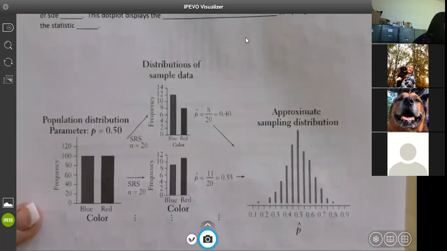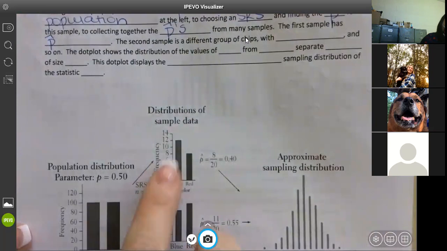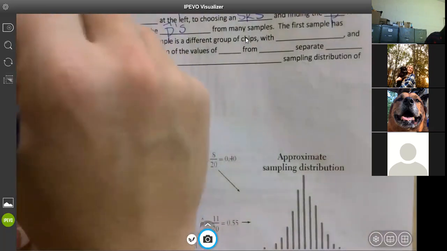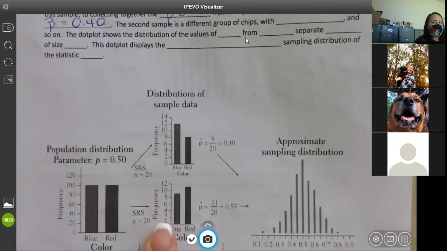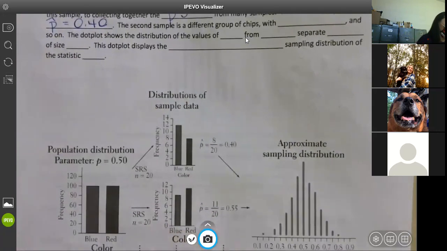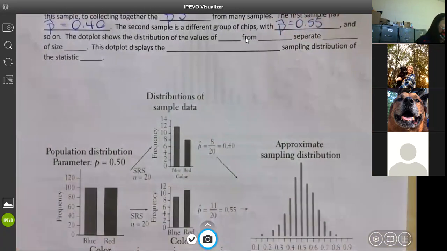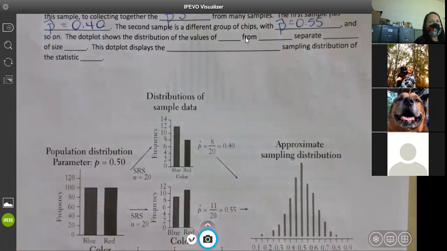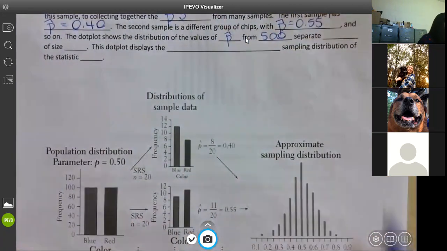All right. So the first sample, this first graph right here, has a p hat of 0.40 or a proportion of 40. The second sample is a different group of chips, so they put them back in and drew them again. And the second 20 that they drew out had a proportion of 0.55. They did this a million times. The dot plot shows the distribution of the values of p hat from 500 separate SRSs.